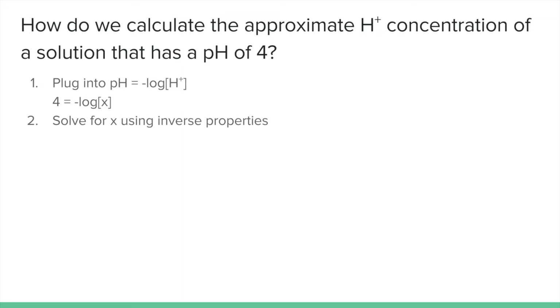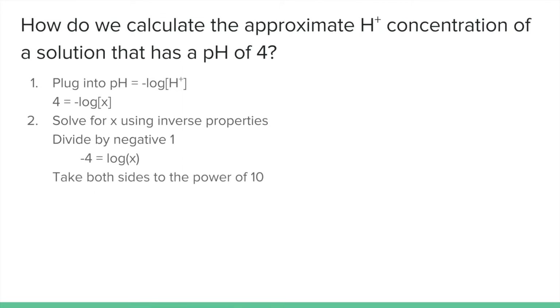Our next step is to solve for x using the inverse properties that we know. We're basically going to do what we would do in algebra and isolate the x, and first we divide by negative 1, giving us negative 4 is equal to the log of x. Then using inverse properties, we take 10 to both sides, this is worded weird, but you want a base of 10 and then both sides to a power.